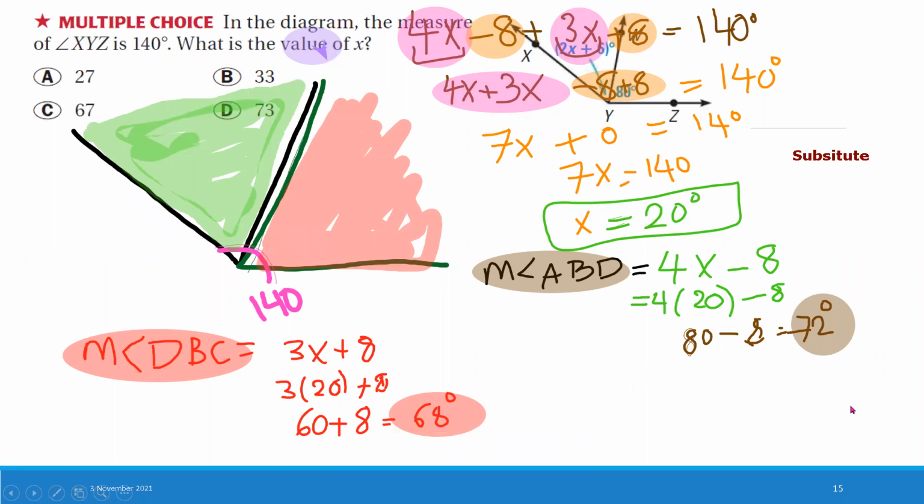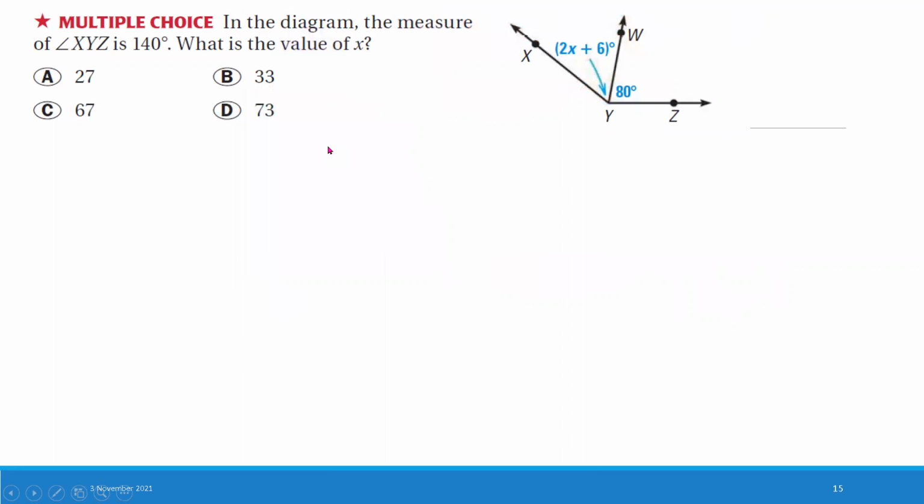Okay. Now here, this is an extra question. In the diagram here, the measure of the angle XYZ is 140.